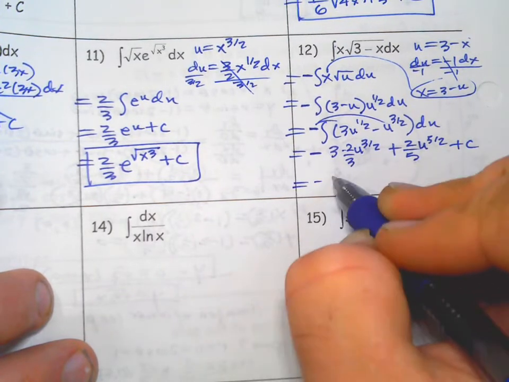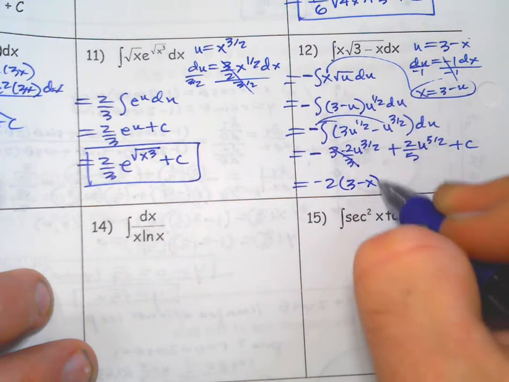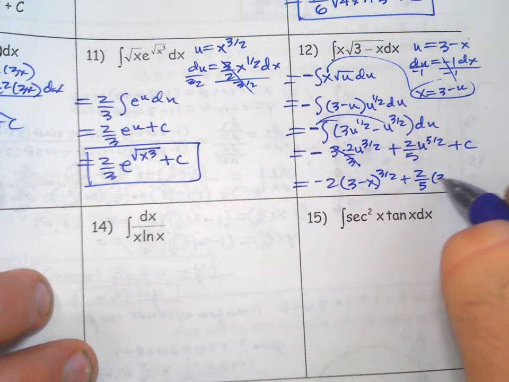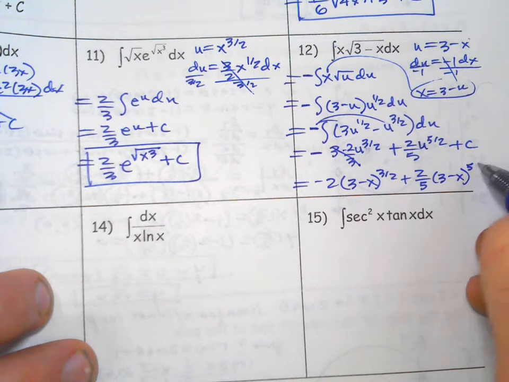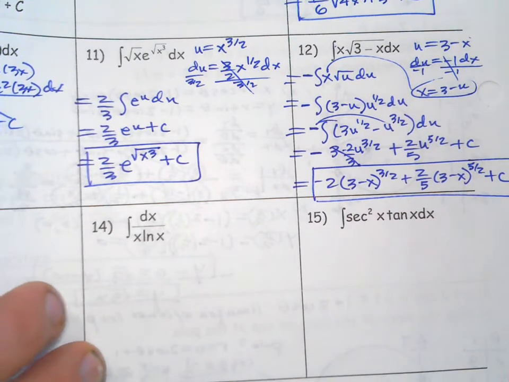Final answer is negative 2 (3 minus x) to the 3/2, plus 2/5 (3 minus x) to the 5/2, plus c. I don't know if you guys remember that kind of scenario popping up every now and then when we did these.